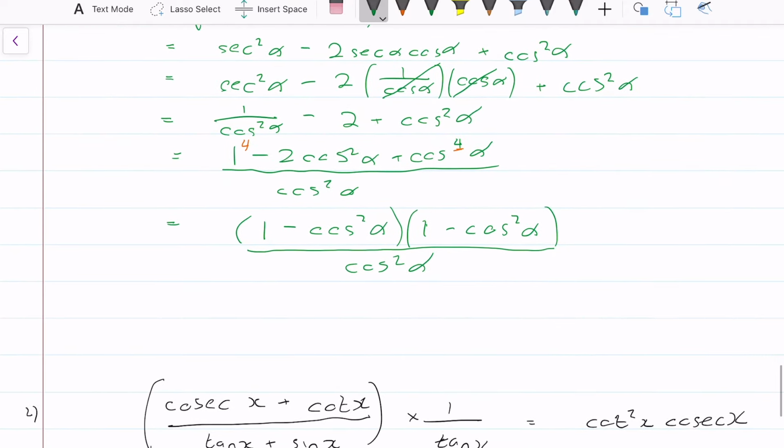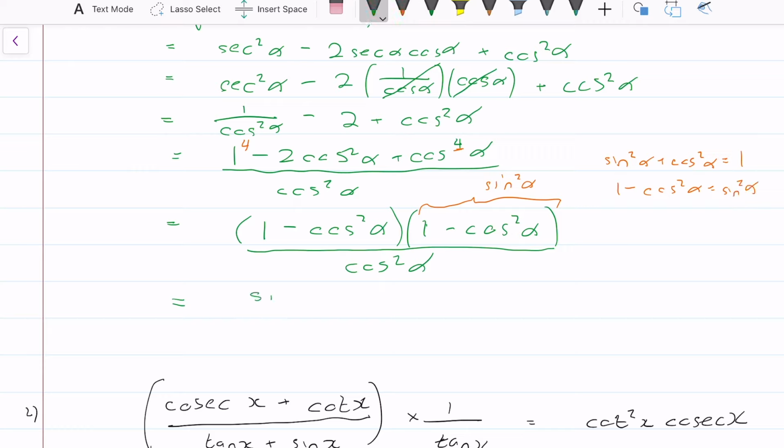And what we know about 1 minus cos squared alpha is that this identity is exactly equal to sine squared alpha, because sine squared alpha plus cos squared alpha equals 1.